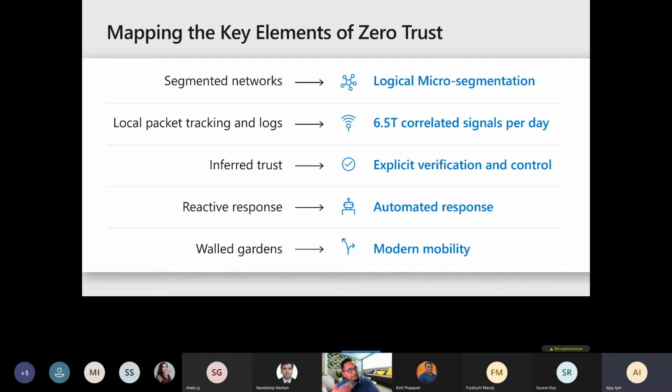That's that proactive security approach that you get from having those 6.5 trillion correlated threat signals. Because Microsoft is making that assumption that this could be an indicator of threat, indicator of compromise, IOCs, based on what we have seen from all of our other Microsoft 365 customers, plus what Microsoft internally sees on a daily basis.